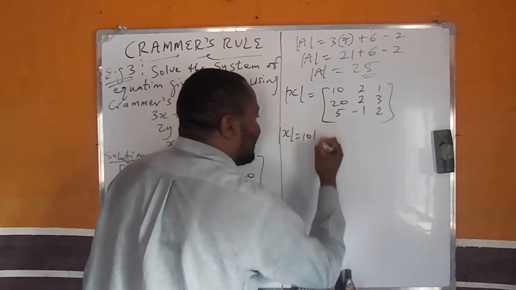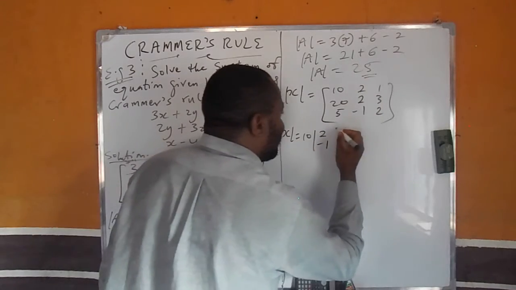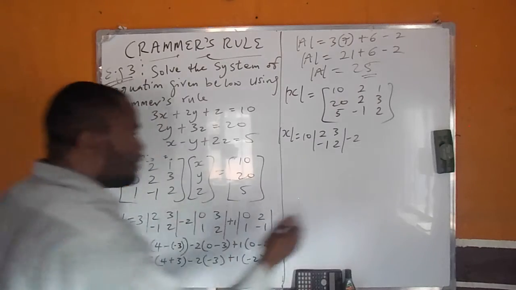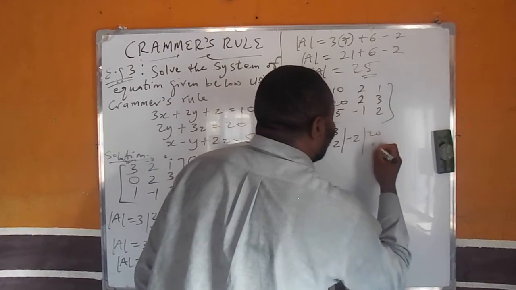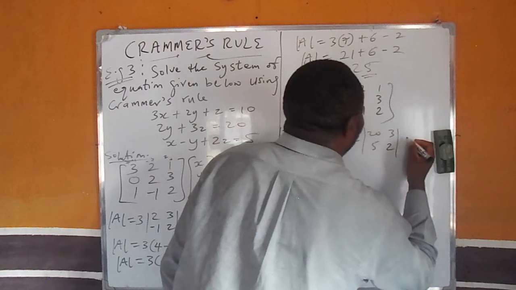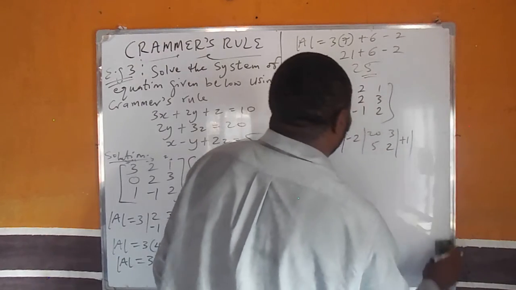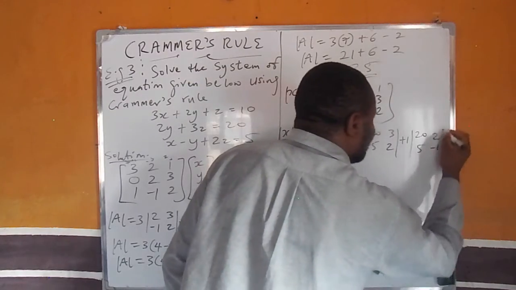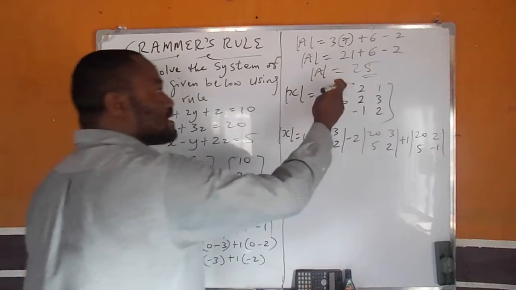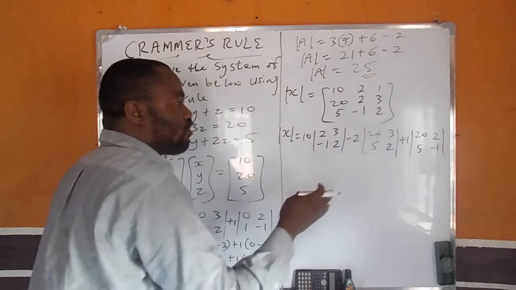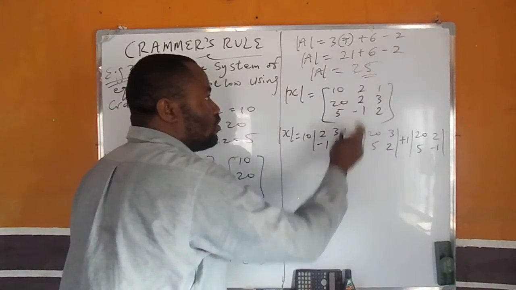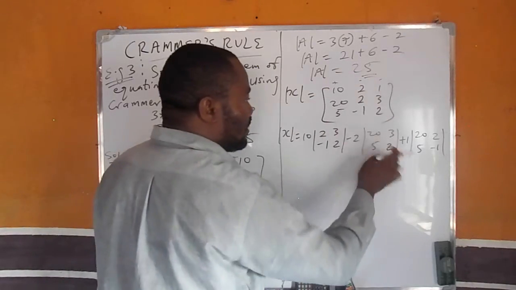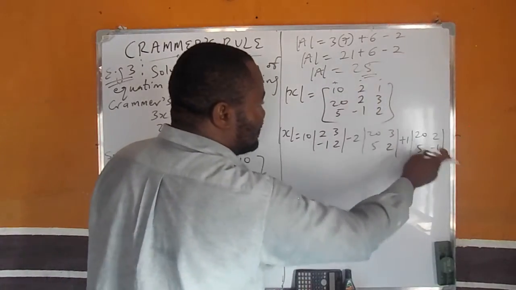So we have 10, 2, -1, 3, 2, -2. So we have 25, 3, 2, then plus 1. We now have 25, 2, -1. When we pick them, we cancel what is on the same row and column with it. When we pick 2, remember here is negative, positive, and negative. We cancel it like this, so we have this. When we pick 1, we cancel it like this, and we have this.